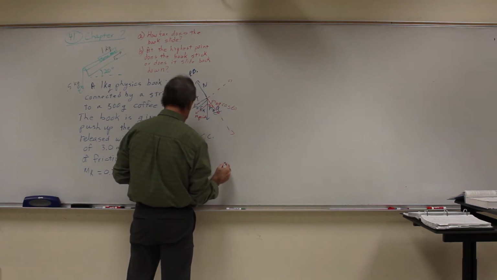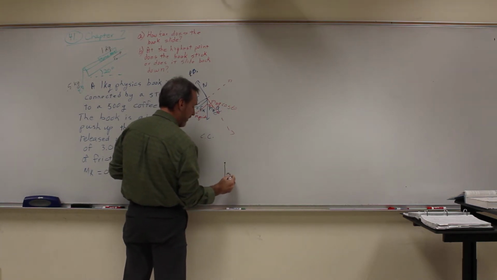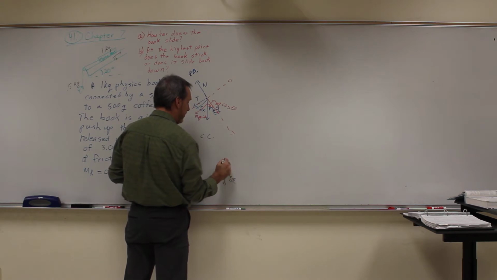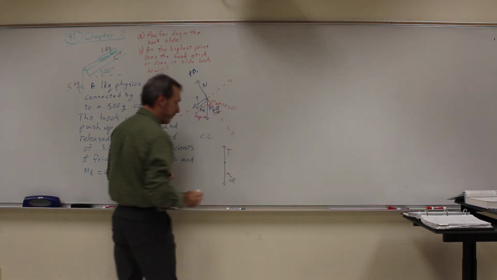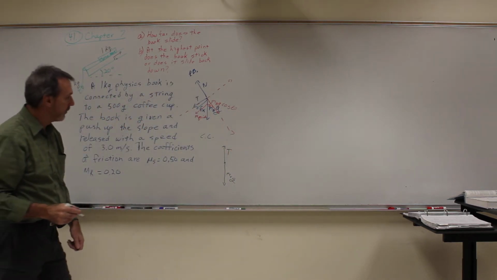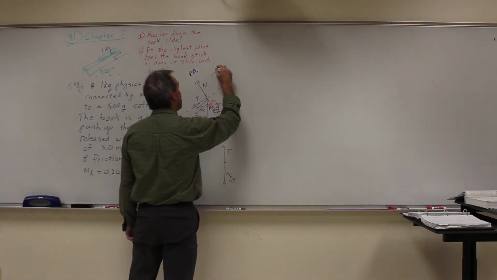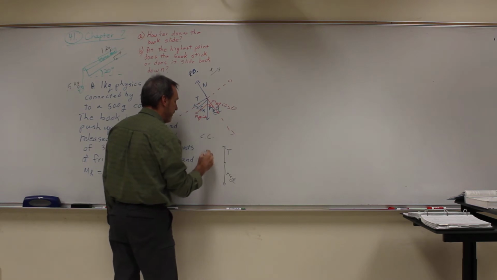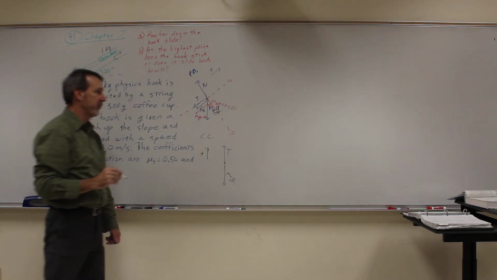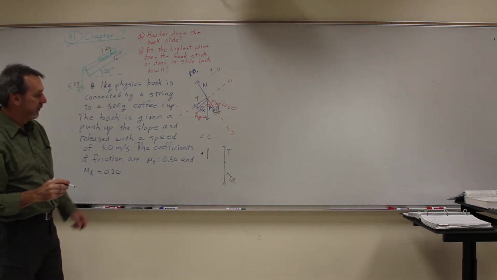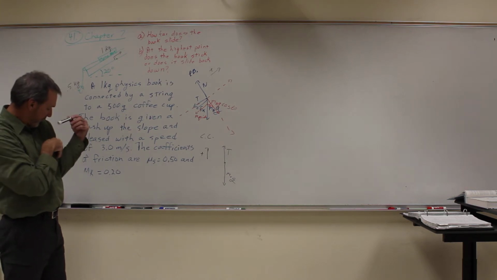It has the mass of the coffee cup times gravity, and it has tension. That's all it has. All right, we have to be consistent again. I'm going to say that this direction is positive, which means that this way is positive. So we're consistent here. Okay?